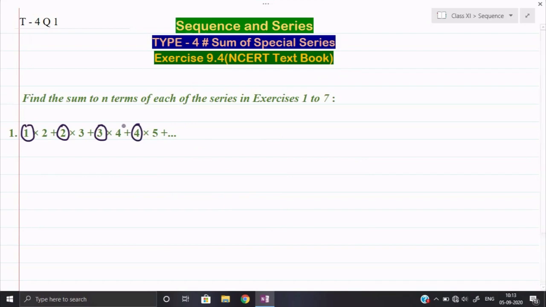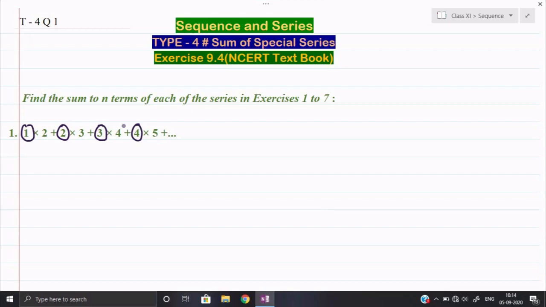Definitely. And if you observe the second terms, 2, 3, 4, 5, this is also forming an AP. When they are multiplied, they form a sequence which does not come under arithmetic progression or geometric progression. So we are helpless here to find the sum, because we are multiplying and then finding the sum.